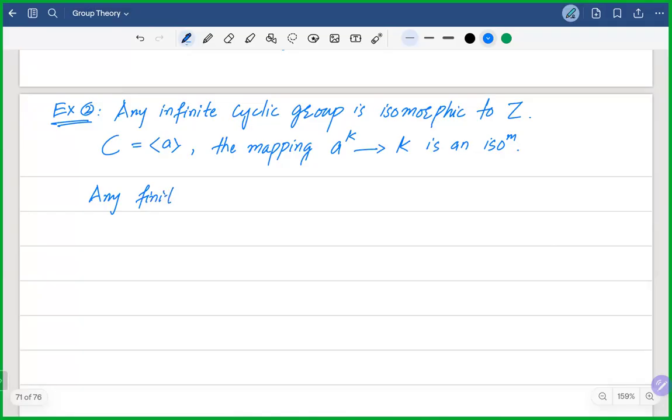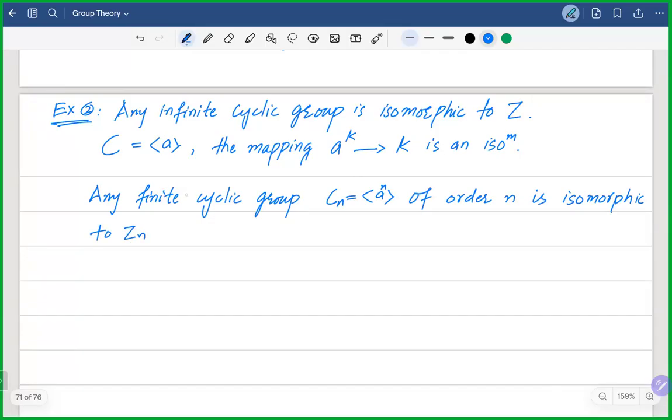Now, any finite cyclic group C generated by A of order n is isomorphic to Zn under the mapping such that phi is a map from Cn to Zn given by that phi sends a power k to k mod n.